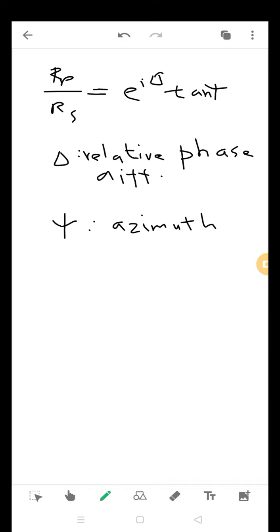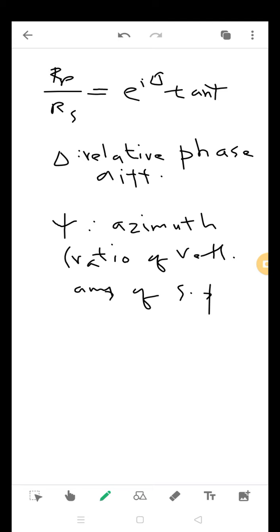This is actually the ratio of the reflection amplitudes of P and S components.